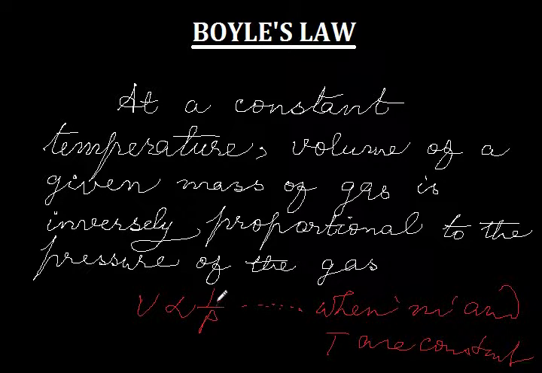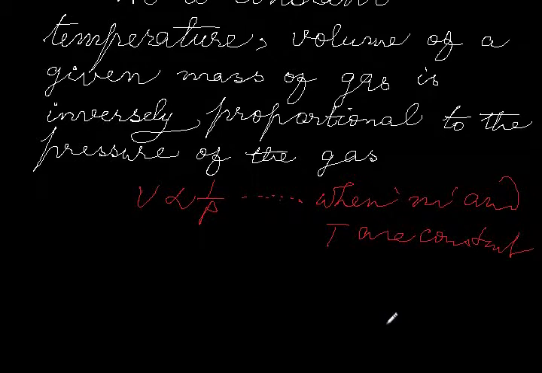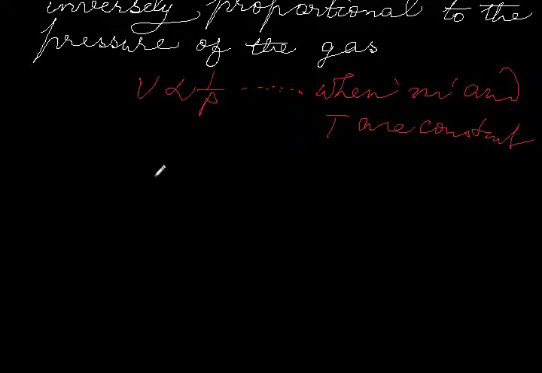For inversely proportional, it has been written 1 by P when mass of the gas and temperature of the gas are constant. So what are the constant quantities in Boyle's law? The constant quantities in Boyle's law are mass and temperature of the gas.